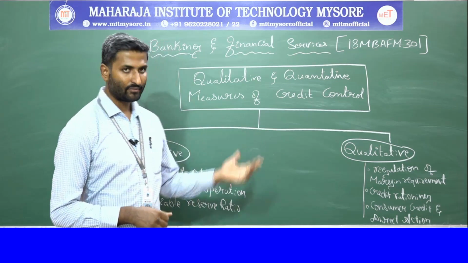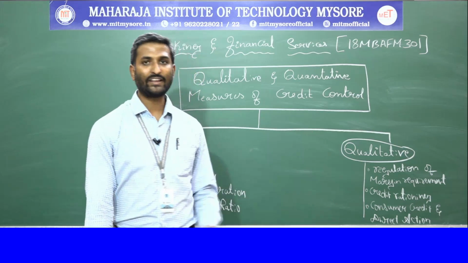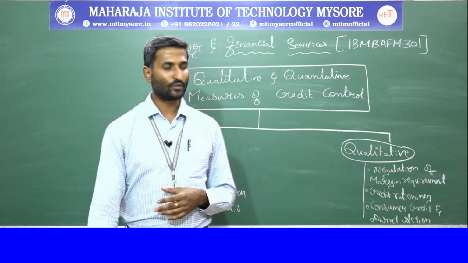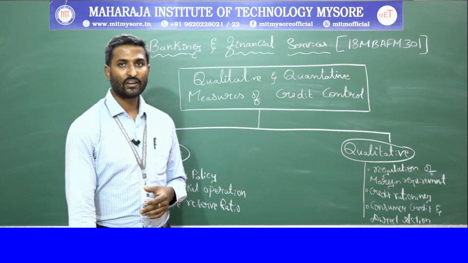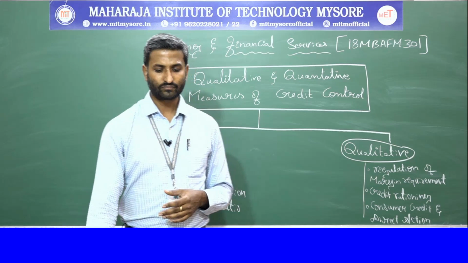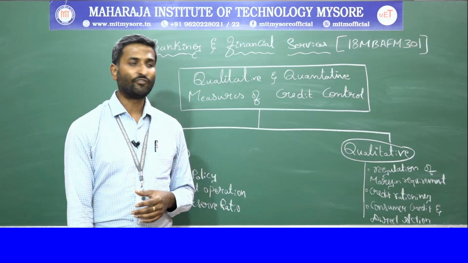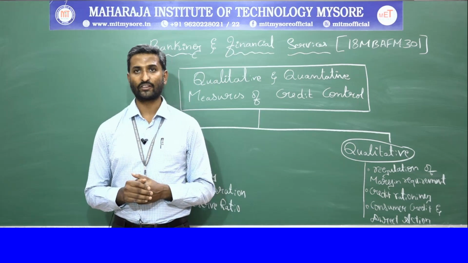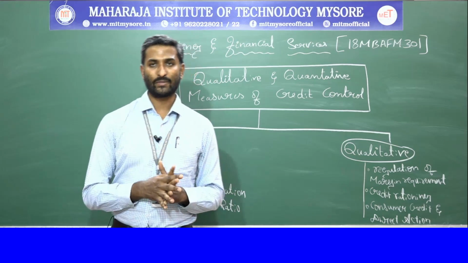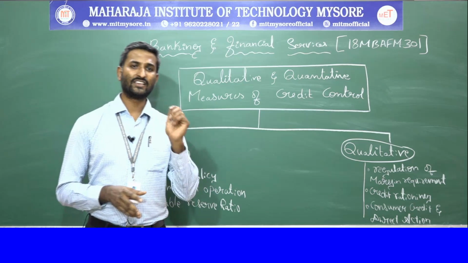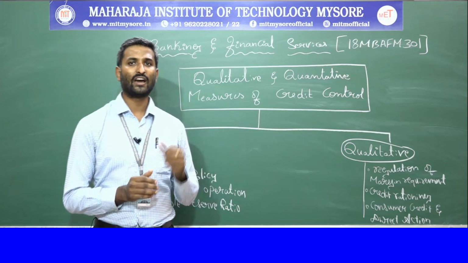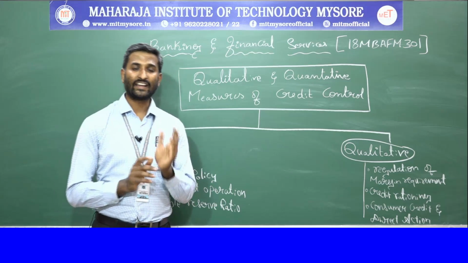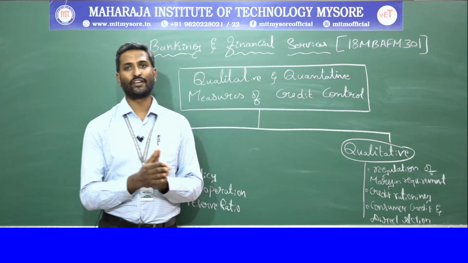So today we are moving to the qualitative measures of credit control, where the first one is regulation of banking margin requirement. As the name indicates, changes in margin requirements are designed to influence the flow of credit against specific commodities.